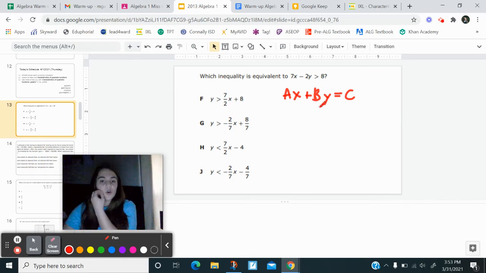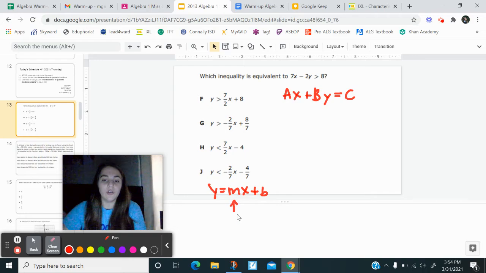So I see these things are written in y equals mx plus b, where we know the slope and the y-intercept. We are able to find the y-intercept and the slope from standard form.